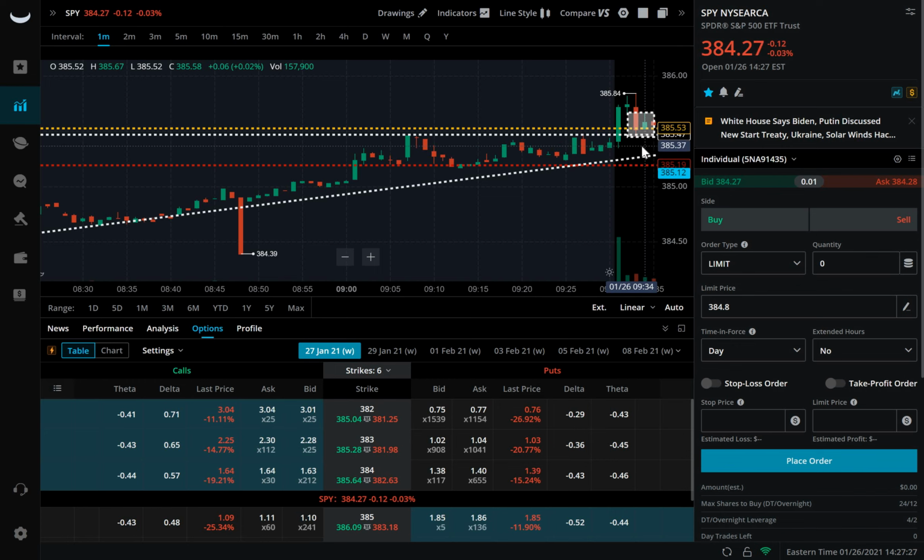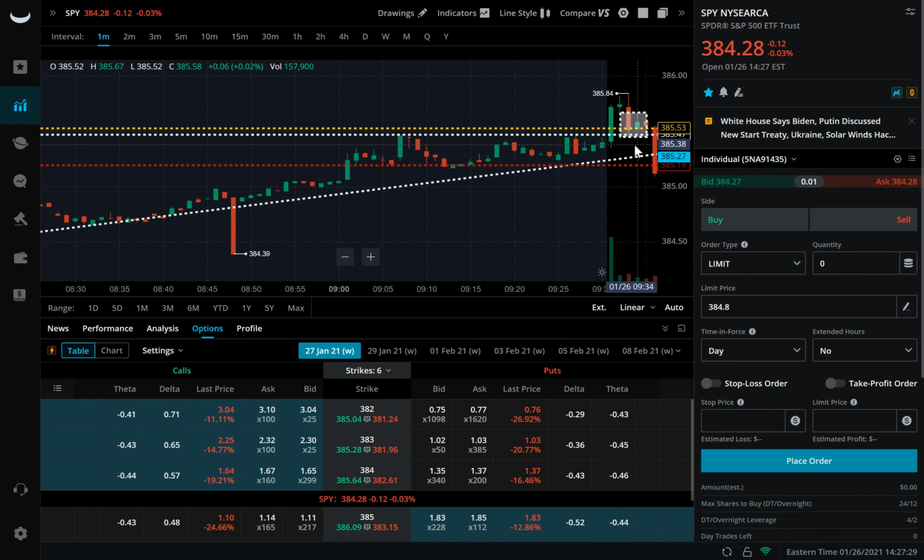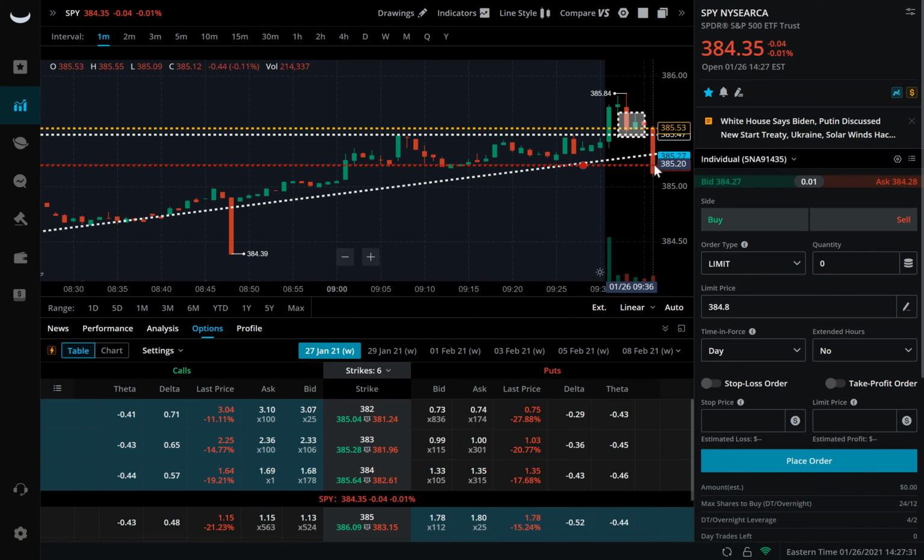So as they scale in, what happens on the next candle? It hits my stop loss and it closes below my stop loss. So what I did was I took my loss, closed the platform, and I moved on with my day.